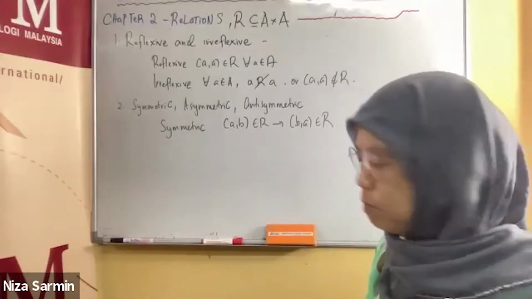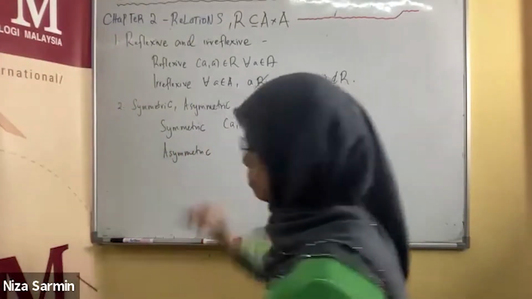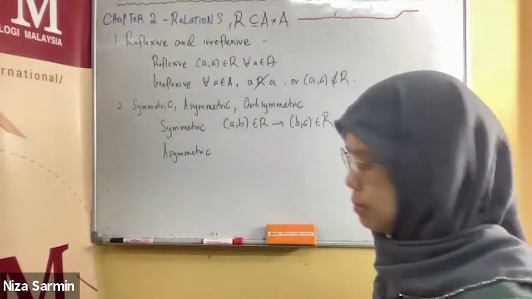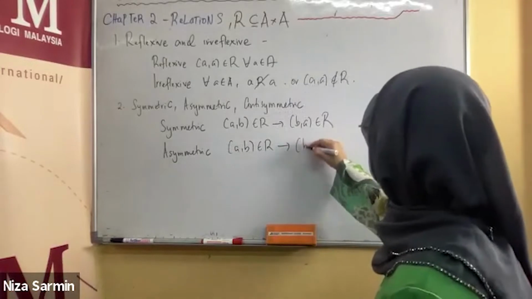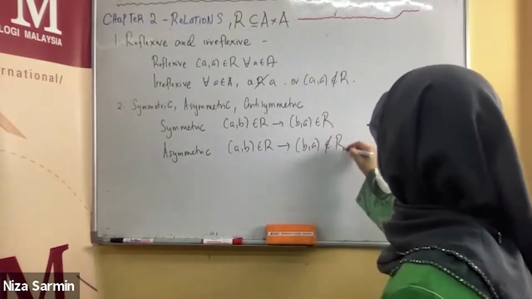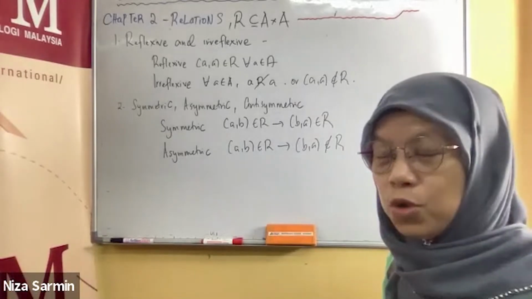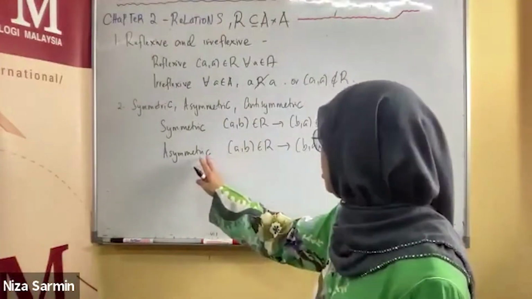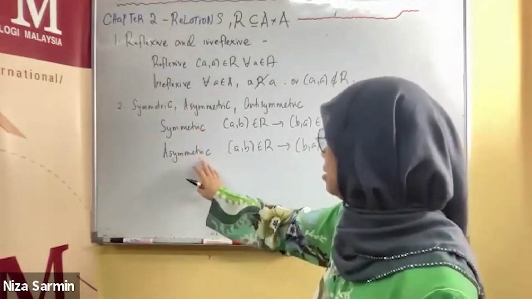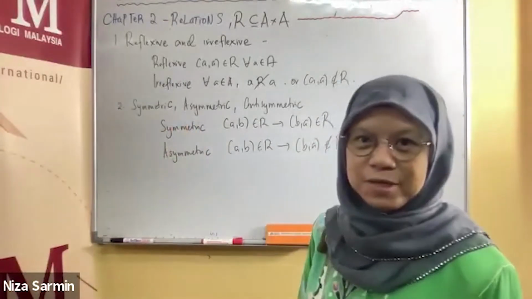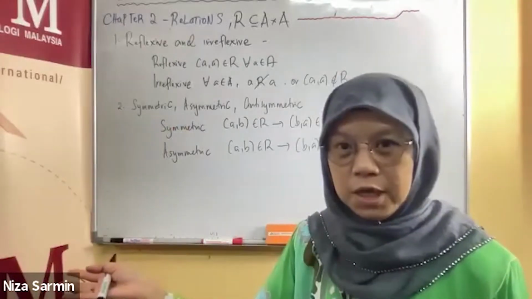If you just have (1, 2) and there is no (2, 1), meaning it's not symmetric. Okay. Asymmetric: (a, b) in R implies (b, a) cannot be in R. Okay, so if it is symmetric, it cannot be asymmetric. Symmetric means if there is an (a, b), there has to be a (b, a).